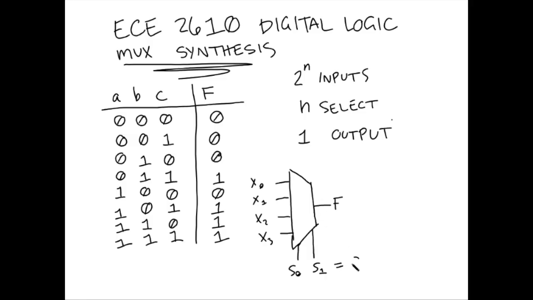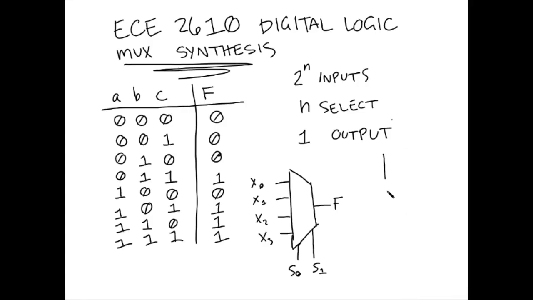So if these guys are equal to 0, 0, we're going to send that initial option of 0, and F is going to be equal to x0. If we want to say that S0 and S1 are equal to 0 and 1 respectively, then we'll pick our 0, 1 option, which is that second one right there. And then similarly, we can get x2 with 1 and 0, or x3 with 1 and 1.